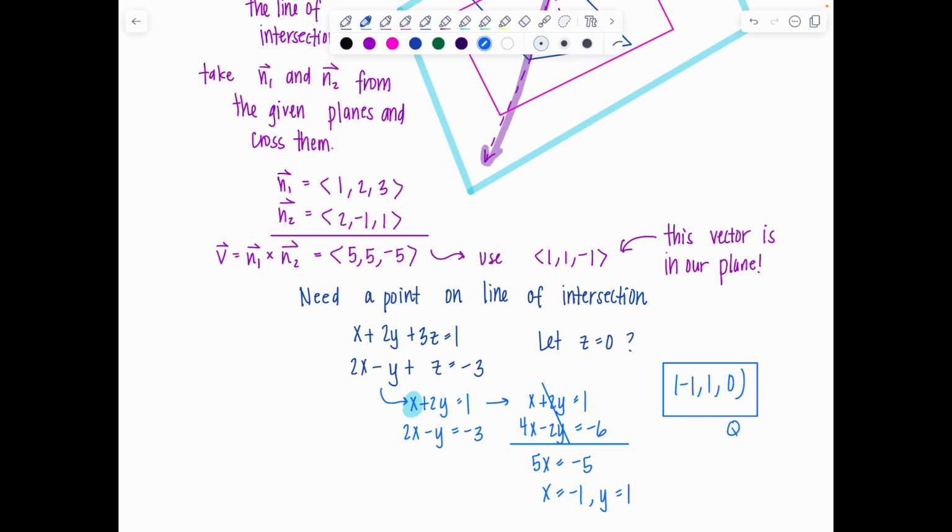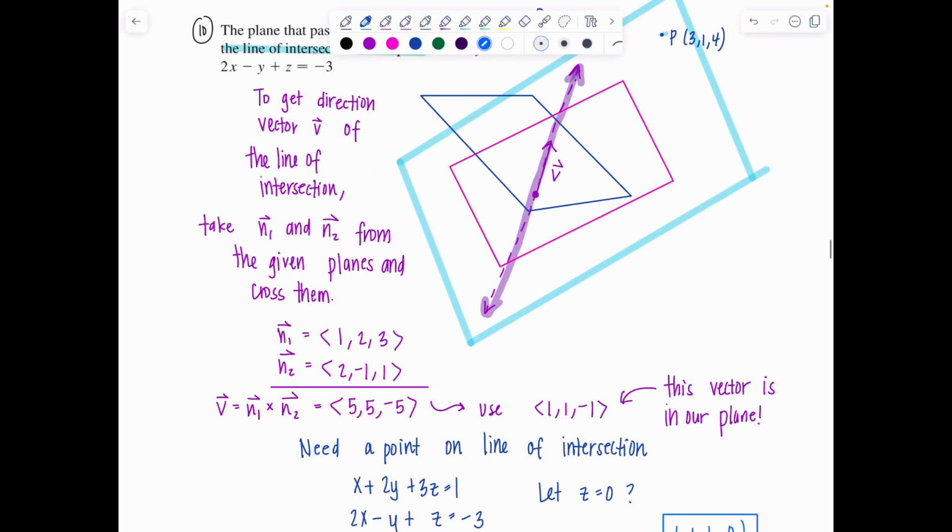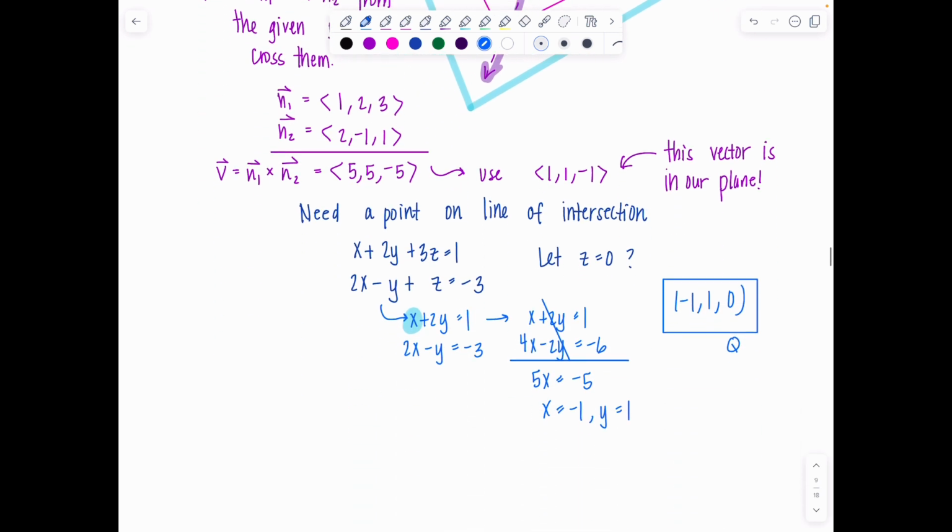Let's call it Q. Not only is it on our desired plane, it's on this line of intersection. So say Q is over here somewhere. And then now what I want to do is make another vector that's in our plane. So I'm going to connect Q with P. Okay, so let's go ahead and do that. Q to P is in our plane.